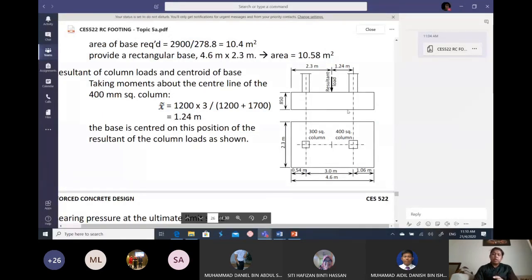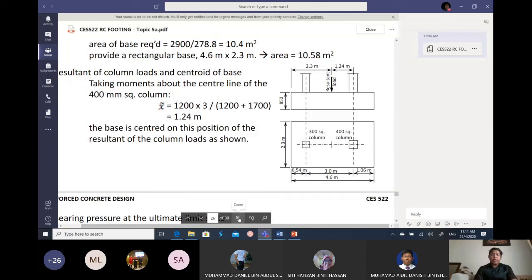Sometimes the size of the foundation here is 3 meter by 3 meter, so they will clash with each other. That's why we use a combined footing to connect these two columns. This is how we choose the combined footing as the suitable type of foundation for that particular column.